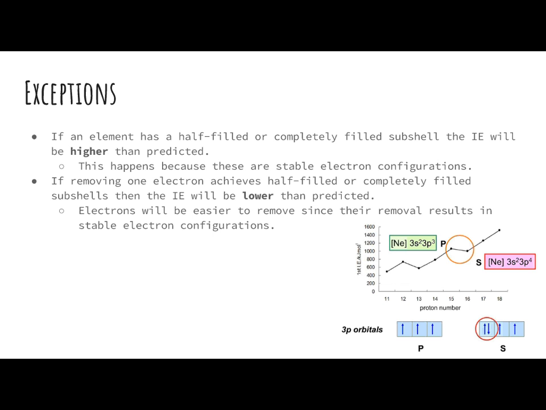And if removing one electron achieves a half-filled or completely filled electron configuration, which would make it stable, the atom will have a lower ionization energy than predicted. So it just depends on their electron configurations and how many electrons they have in their outer shell.